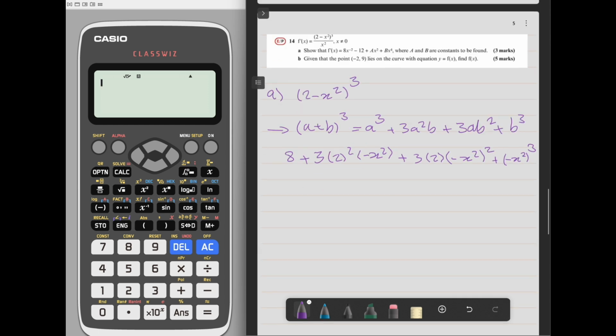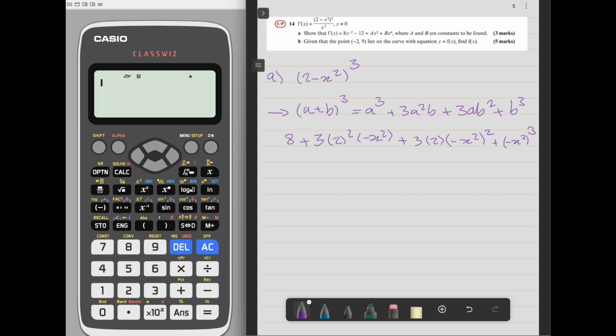And by writing this one, I'm going to have 8 minus 3 times 4, which is 12x squared, plus 3 times 2, which is 6, 6 times 1 is 6x squared.